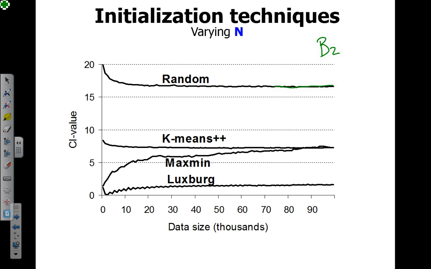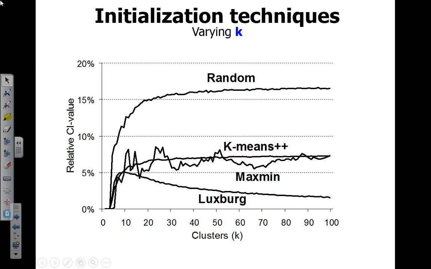If our data size is very small, then we can get a little bit better result in some cases. So k-means plus plus reached a level of about 7 or 8. Max-min is about the same level, slightly better. And Luxburg is the most complex and also the best. It reaches about level 2 or something. So yeah, we can do better.